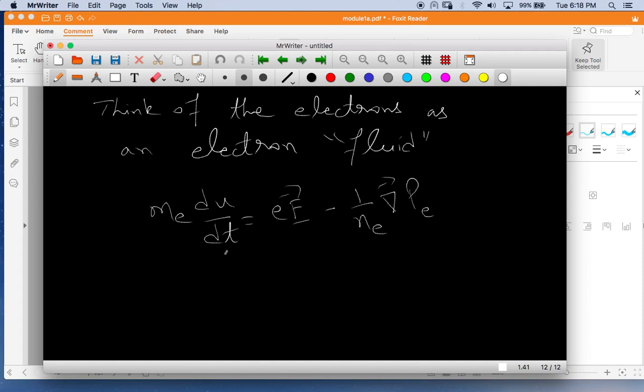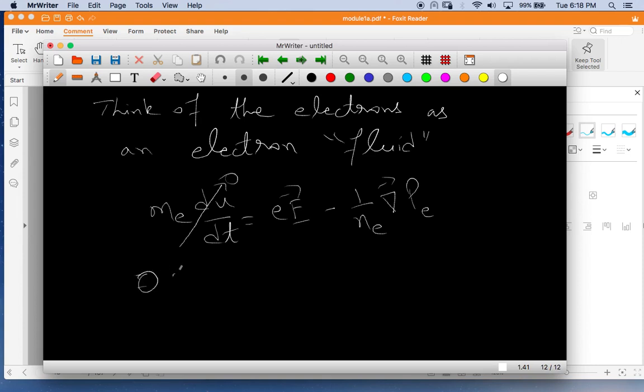Now, instead of assuming that we're working in the electrostatic approximation, you can write this as n_e. The other thing is this is a static situation. So there is no motion of the electrons, and that term goes to 0.